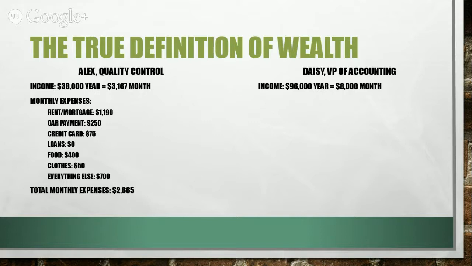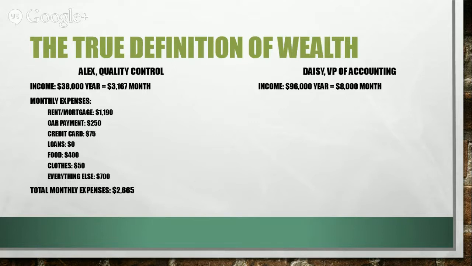He didn't go to school. He didn't pursue a higher education. So he actually has no school loans of any sort or a home mortgage or anything like that. For food every month, between what he buys in groceries and maybe what he does in fast food, he spends $400. For his clothes, he doesn't really spend too much, just about $50 a month on average.